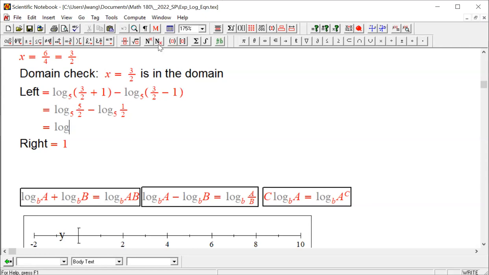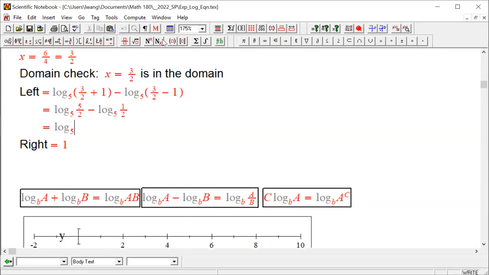So we get log base 5 of 5 minus log base 5 of 2, we can use a quotient rule for that piece and be very careful. So that's going to be log base 5 of 1 minus log base 5 of 2.